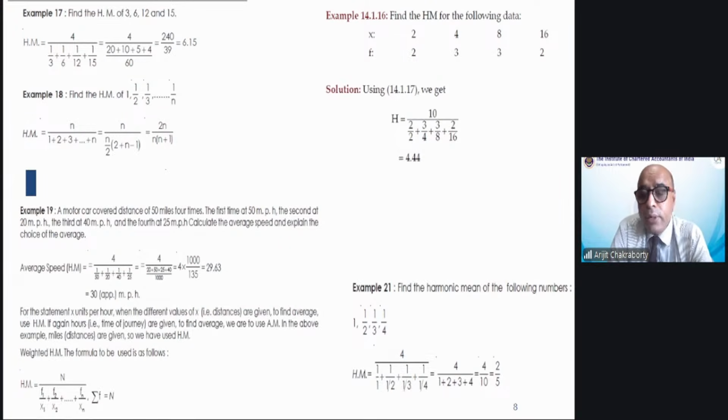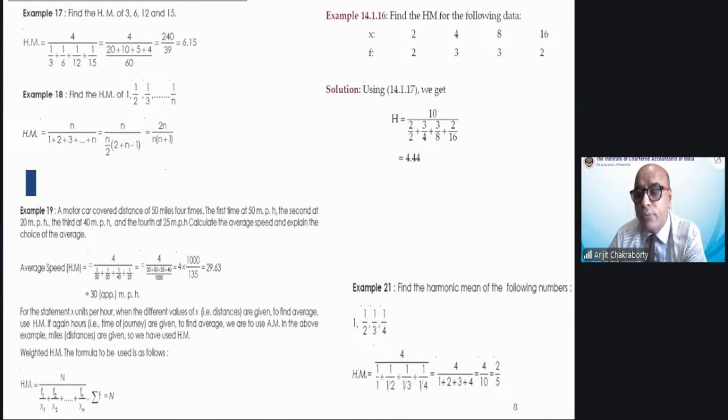The last one given, example 21, we have the harmonic mean of 1, 1/2, 1/3 and 1/4. So there are 4 numbers. In the numerator, we will put 4. In the denominator, we are simply adding the reciprocals of these numbers. So the reciprocal of the first number is 1 itself, 1 by 1 you can say. And then we just add up the reciprocals.